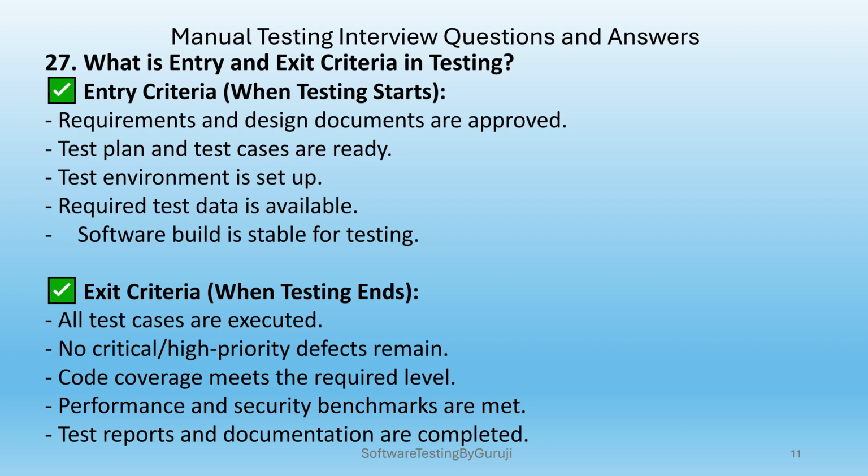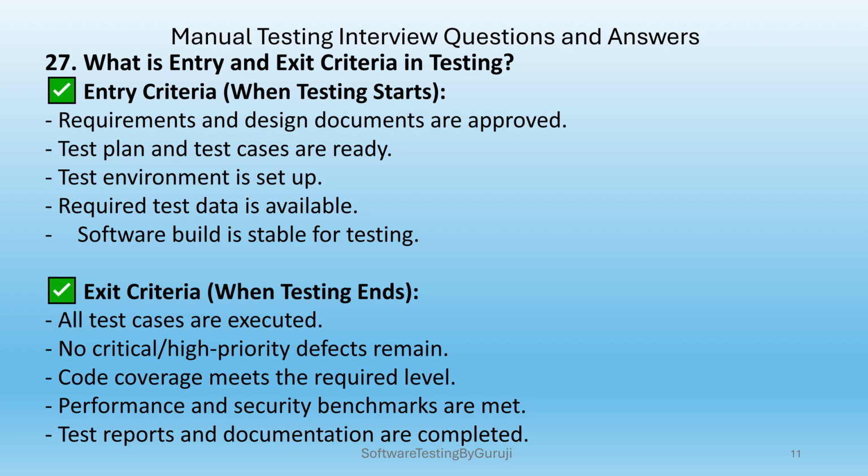Let's move on to another question. What are entry and exit criteria in testing? First we will see the entry criteria. When testing starts, at that time we can say it is entry criteria. First, requirements and design documents are approved, test plan and test cases are ready, test environment is set up, required test data is available, software build is stable for testing. So this is the entry criteria for testing.